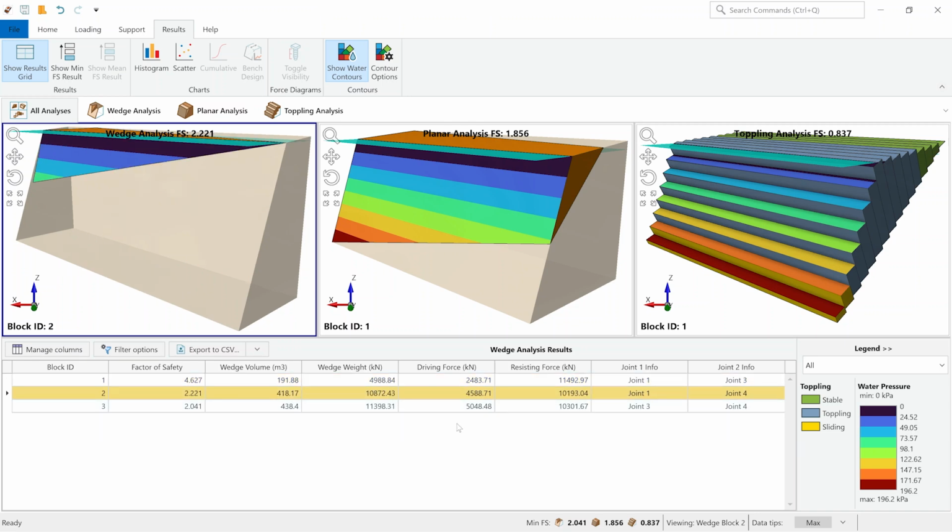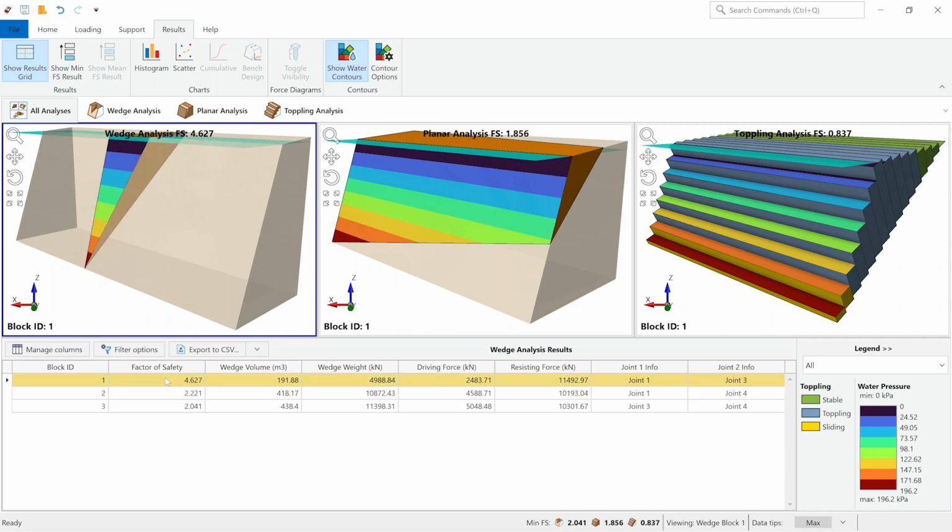And here we can see that for this block, for instance, the maximum pressure acting on the slope face is around 70 kilopascals. And in the case of the first block, the maximum water pressure is around 195 kilopascals. This is again in line with the results which are being shown, with the block having the highest water pressure acting on it having the highest factor of safety.